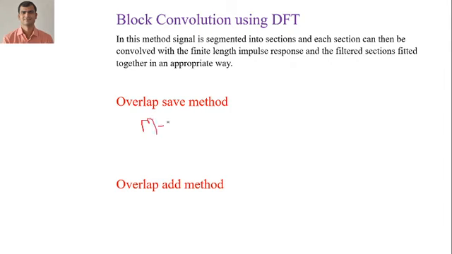M minus 1 is nothing but the number of samples of the impulse response sequence h of n, that is equal to capital M. Capital M is equal to the samples of impulse response sequence h of n. So first we calculate M minus 1. After calculating M minus 1, we perform the overlap save method. Similarly for the overlap add method. So we will see the detail in the upcoming question.